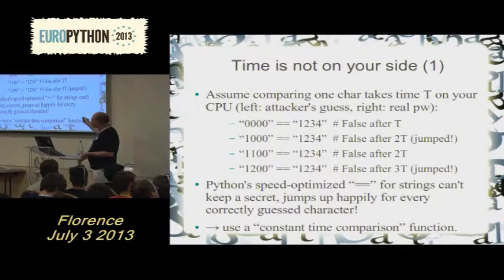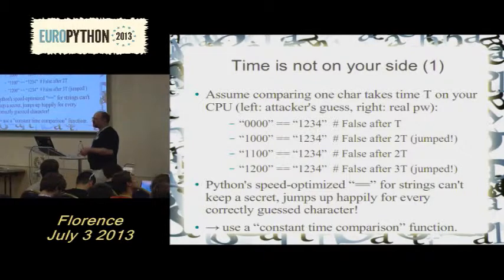After one cycle, it is finished. Then you try the next one, just increment it, and then it suddenly takes 2t until it finds the next different character. And you see, it always jumps in the timing if you guessed right, because it needs to compare one more.